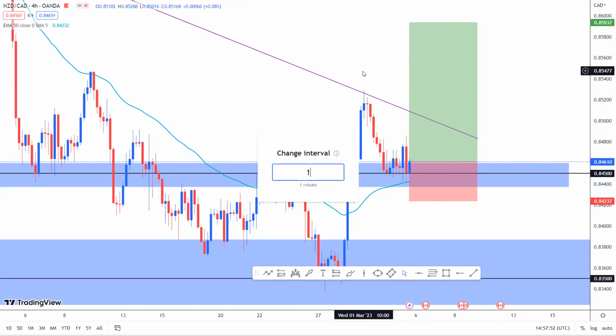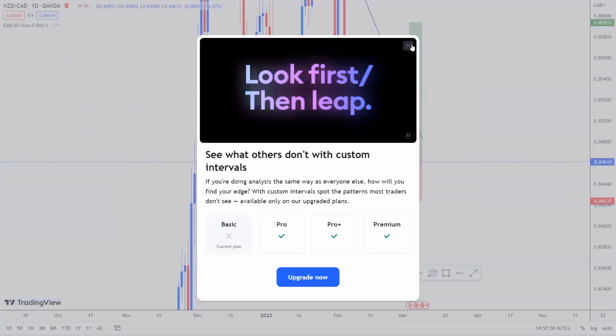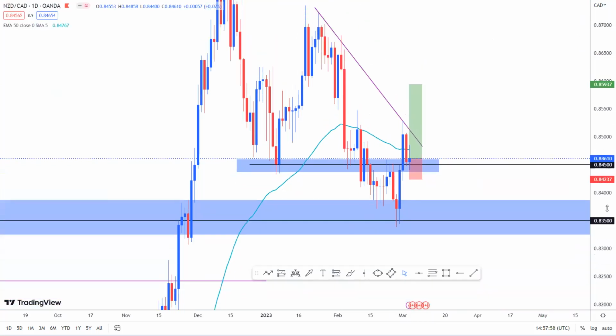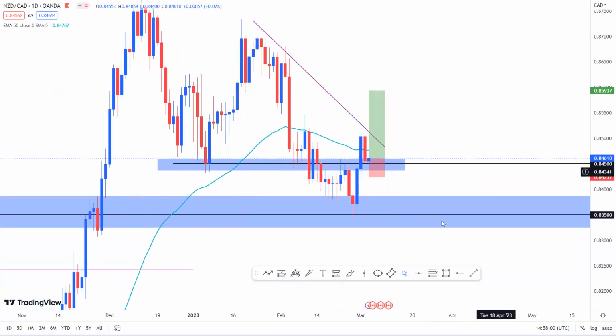And then again, also moving back to the daily time frame. What then would we expect from this?